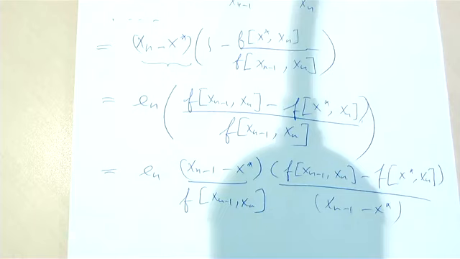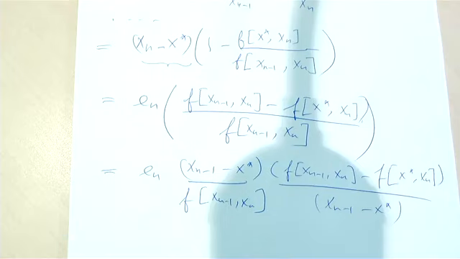So that's why we replace this one by divided difference over 3 points. Now you just take the left hand side and divide it by en times en minus 1. Then you just get this ratio. Okay?